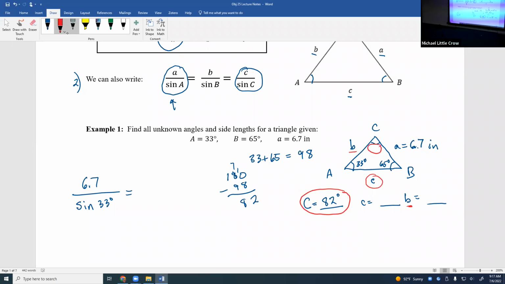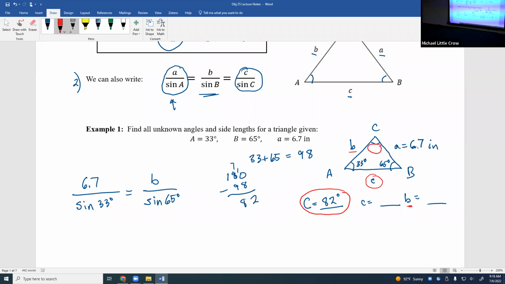Because if you got that one wrong, then you're going to get the next steps wrong and maybe everything else. So my suggestion, again, it's not that it's wrong, but go for this one here. We don't know little b, but we do know the sine of the angle is 65. Just a suggestion.